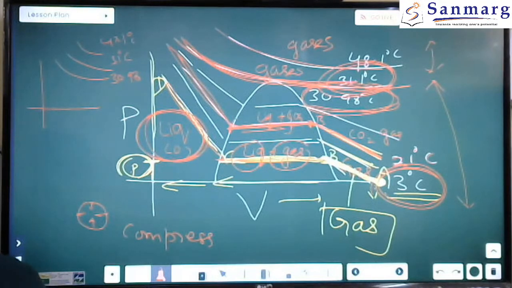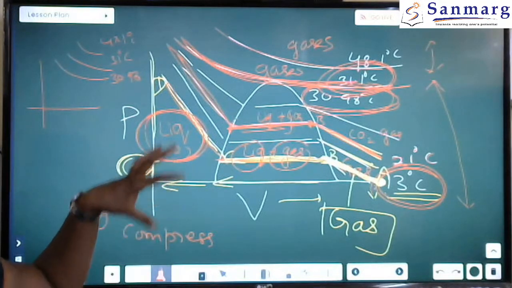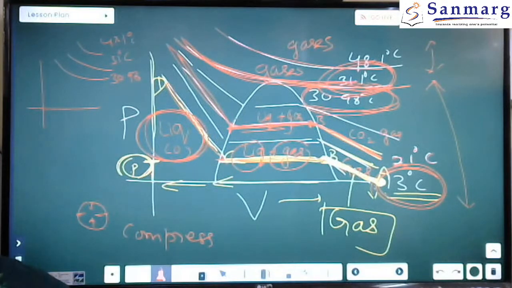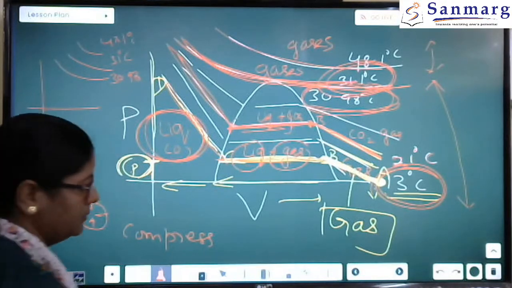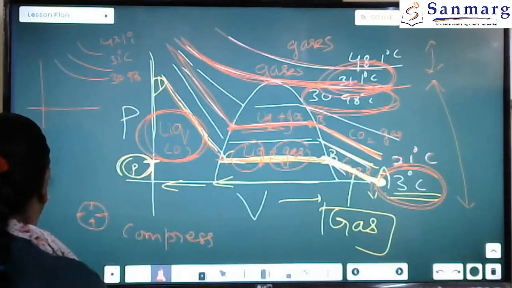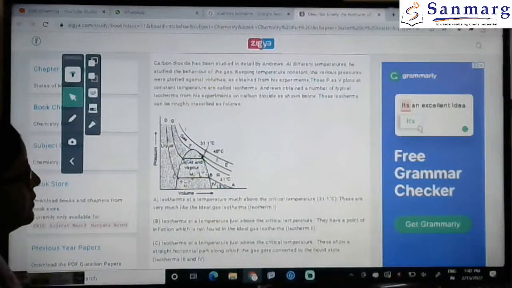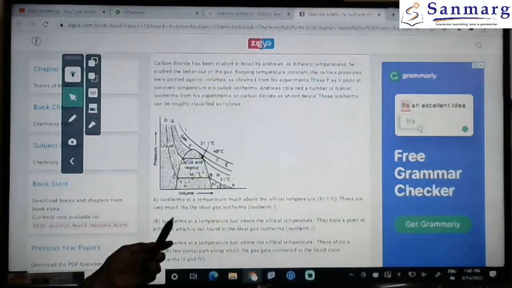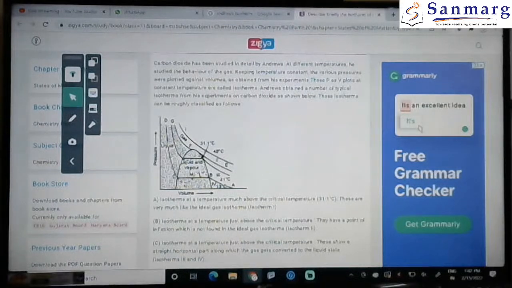Okay, and the volume and pressure at that temperature we call critical volume and critical pressure. So the same thing is here. See, isotherm, let us read this once again. Whatever I have explained, the same thing is here.